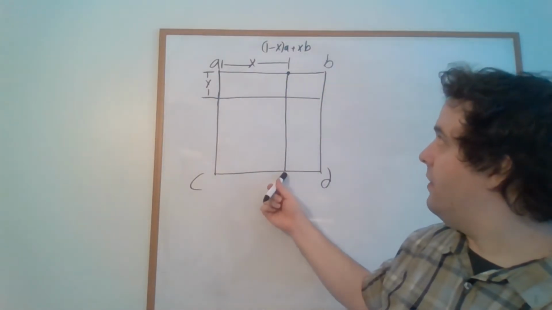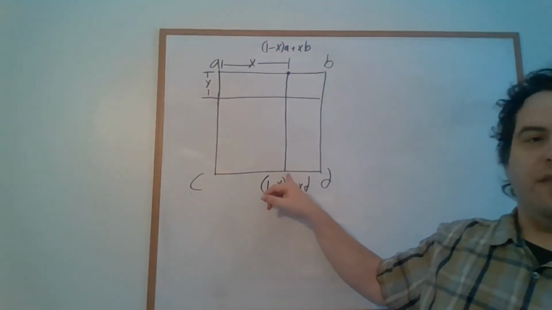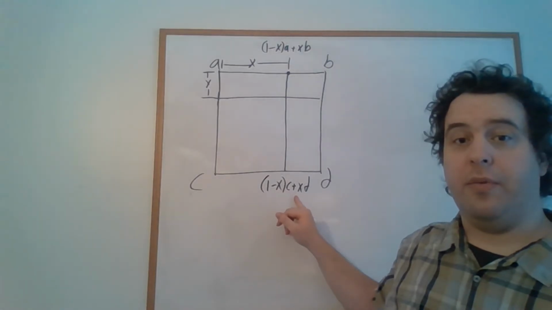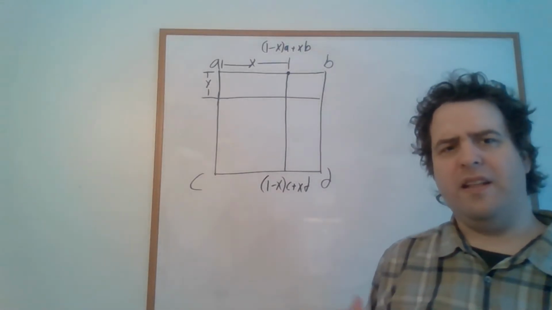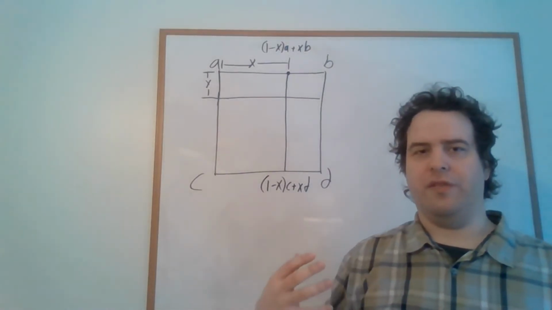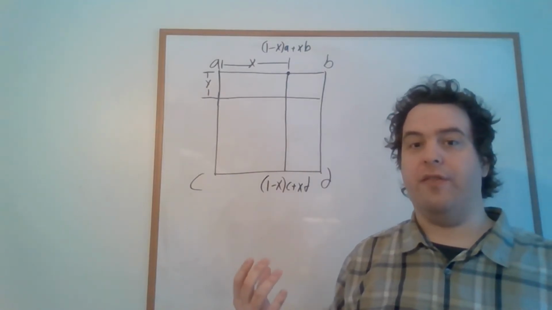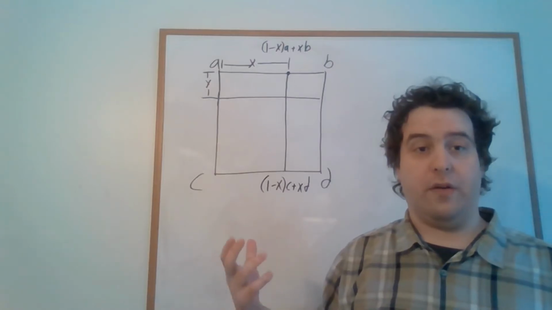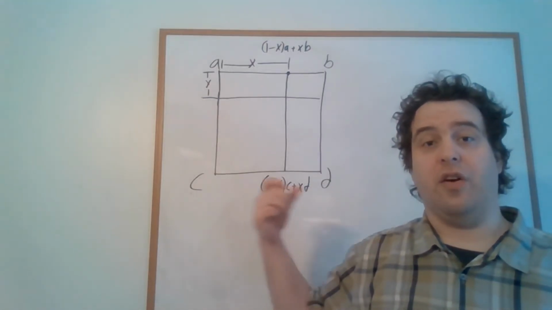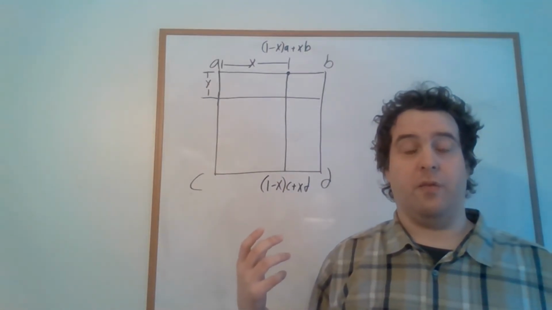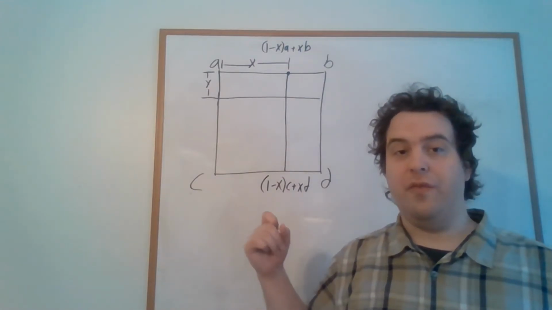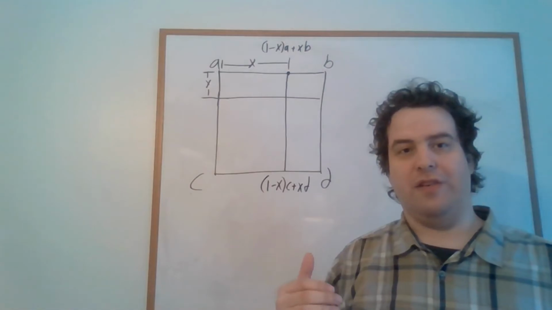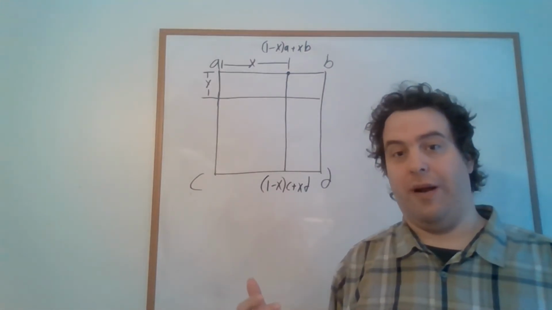Similarly, down here, the alpha value of this pixel is going to be 1 minus x times C plus x times D. And it's important to note that this isn't special. There isn't anything special about the alpha value. This is also how the R, G, and B values, the red, green, and blue values, are being interpolated between these pixels as well. It's just that it's the alpha value that's going to be causing our unusual edges when we do alpha thresholding.